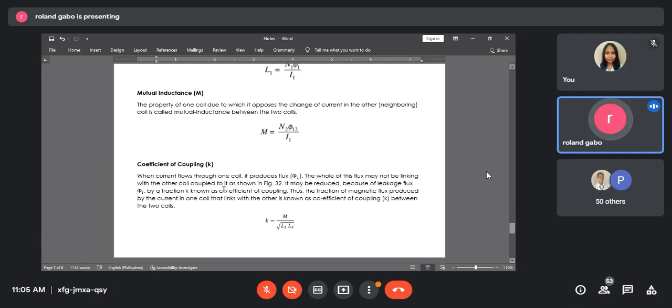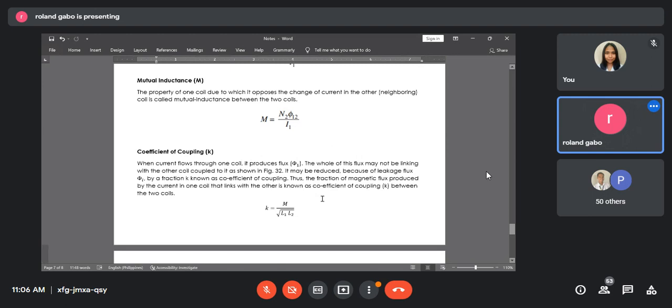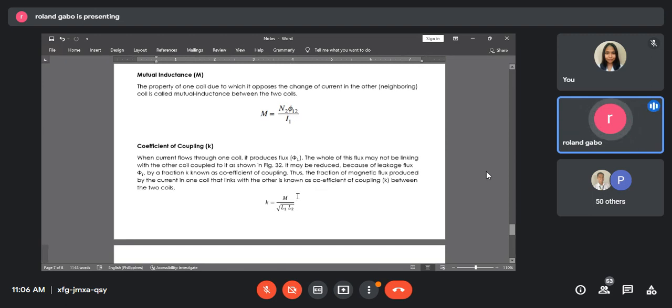So katong coil number 2, then it may be reduced because of the leakage flux, flux sub L. So therefore, nag-introduce siya og coefficient of coupling K, kay mao na ang ratio between na leak and the flux produced.